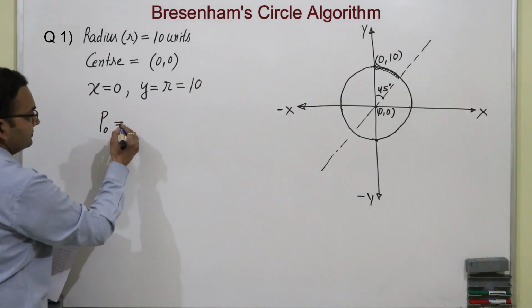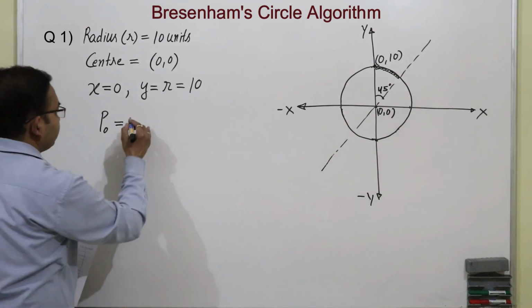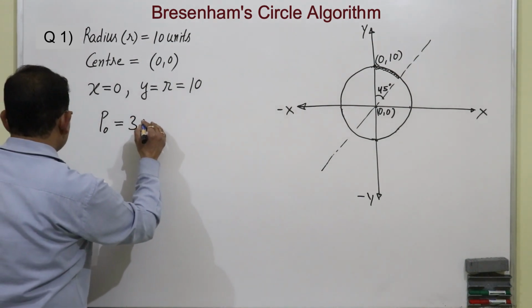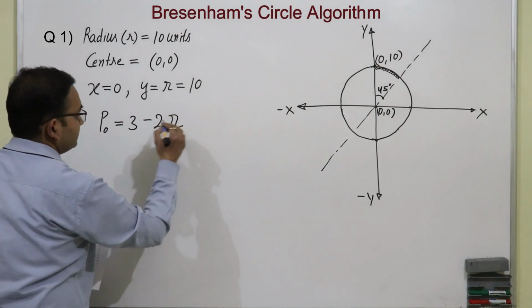So, first we will calculate P0 and its value is 3 minus 2r.